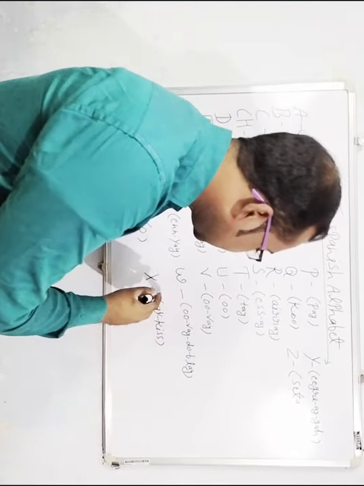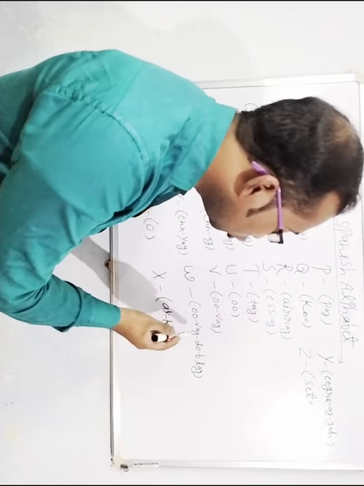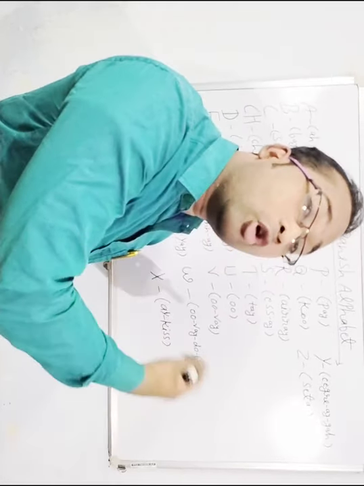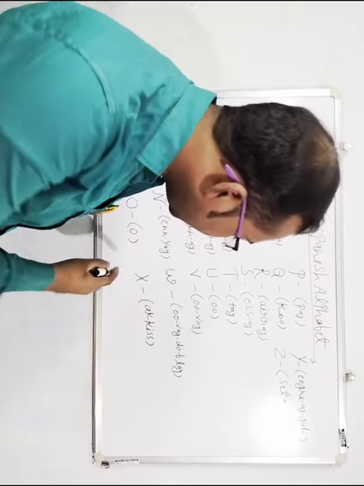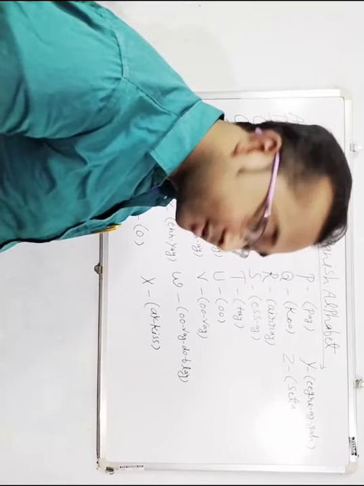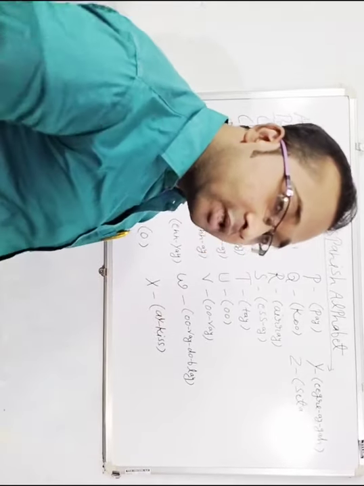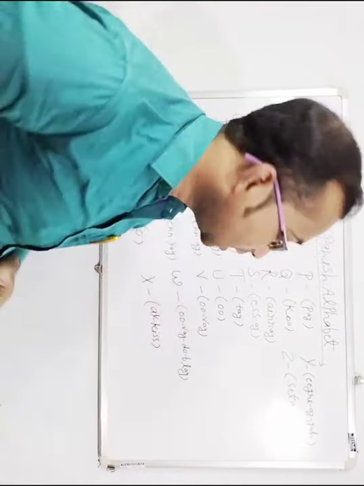W is pronounced in Spanish language ue doble. And next, X. X is pronounced in Spanish language X.